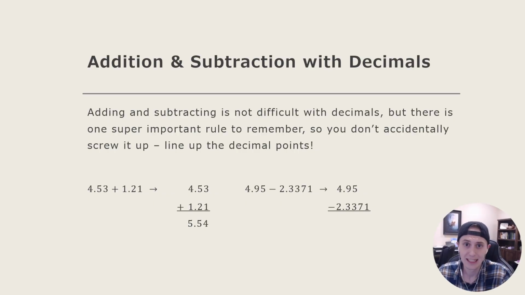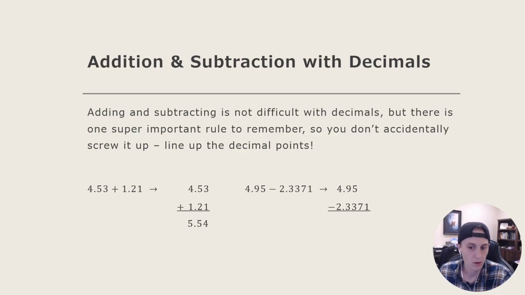This one is actually a little tricky because it introduces something I haven't talked about yet, which is what to do when one number is larger than the other one, meaning that it has more numbers after the decimal point. You can see I've lined up the decimal points, but now this 7 and 1 have nothing to subtract from.